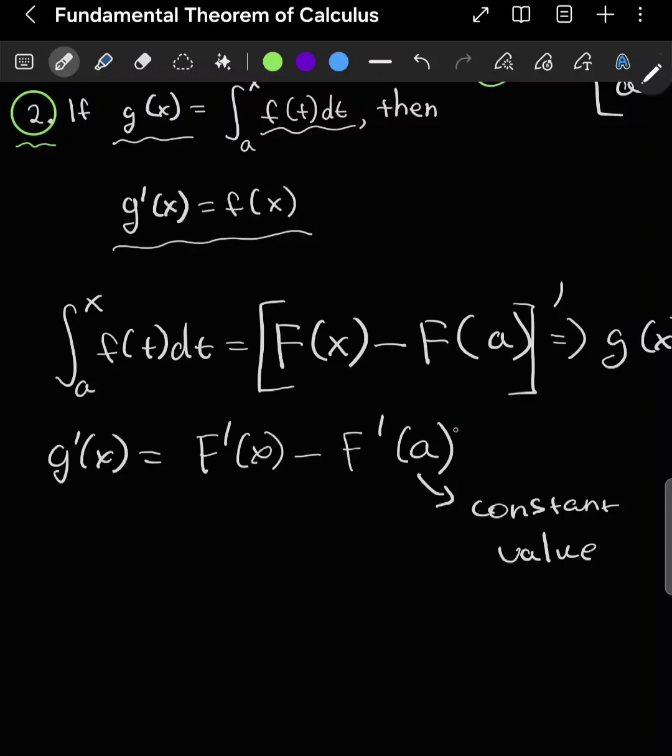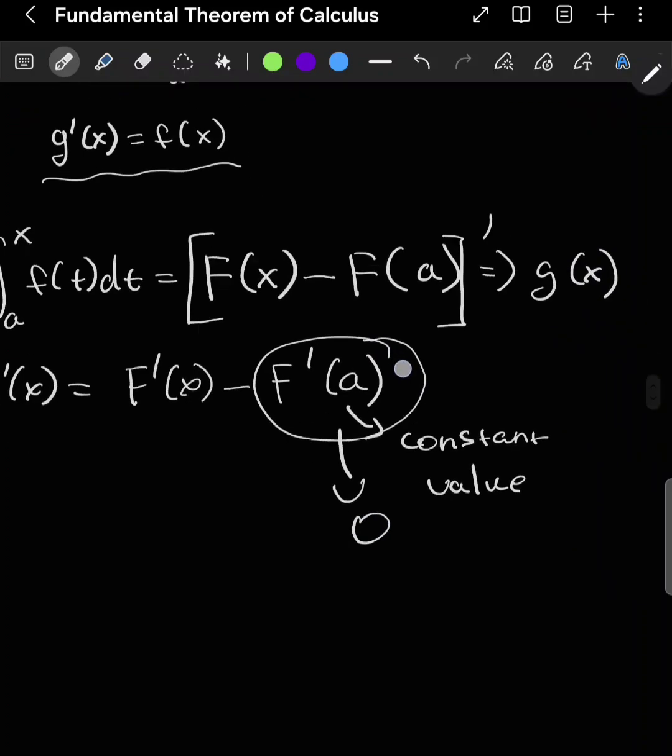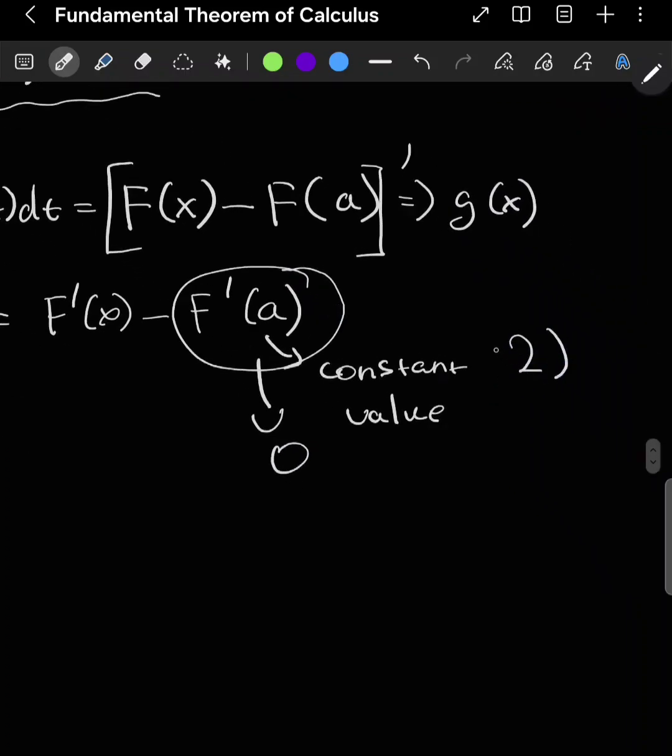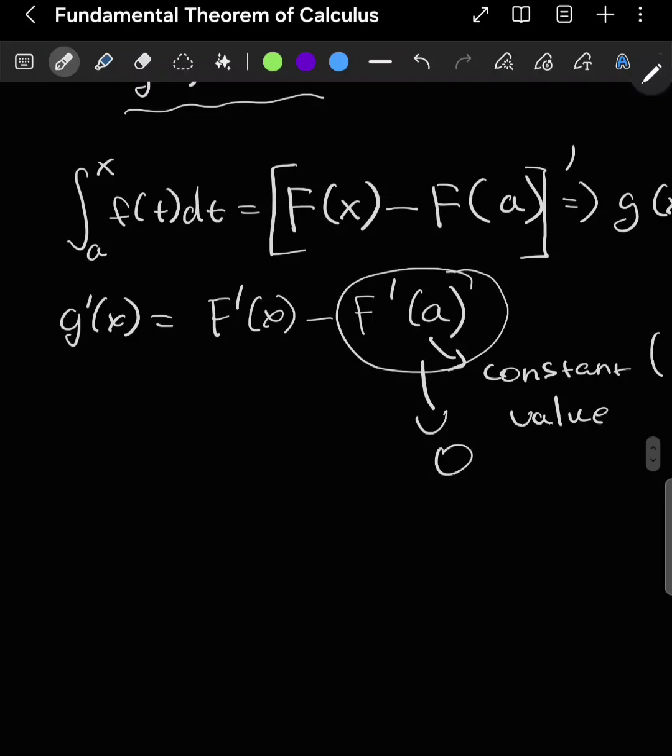Therefore, it's going to be 0. If you take the derivative of a constant value, it's going to be 0. If we take the derivative of 2, it gives us 0. So we can just ignore this one. Therefore, g prime of x is equal to F prime of x.